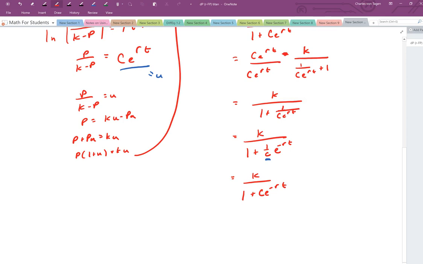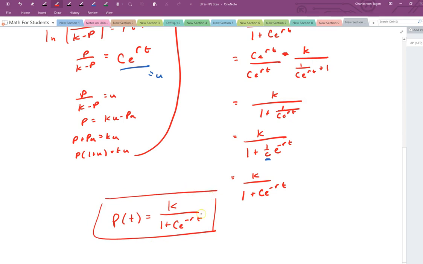So we found that P of T is equal to K over 1 plus CE to the minus RT, and this is a version of the logistic growth equation that's completely unlike anything the author mentioned in this textbook. So I'd like to take this version and now use it.